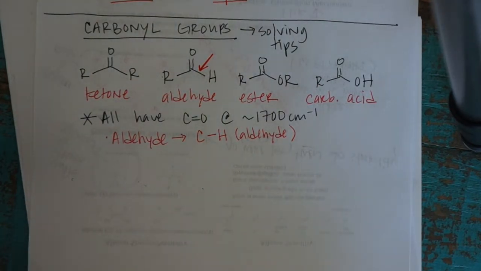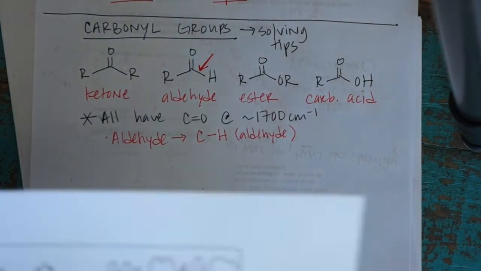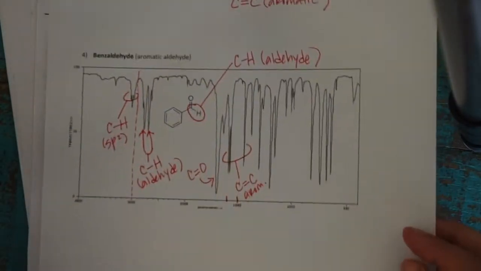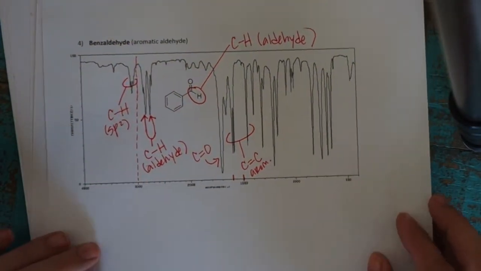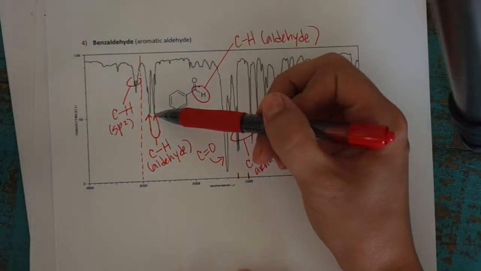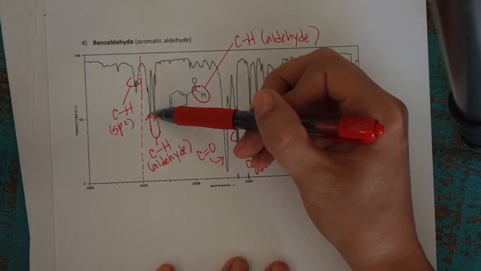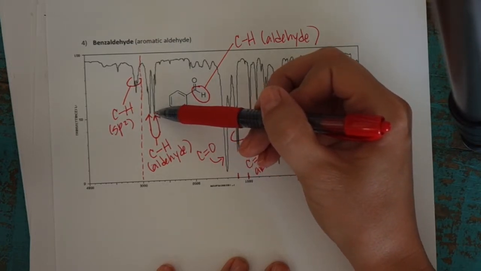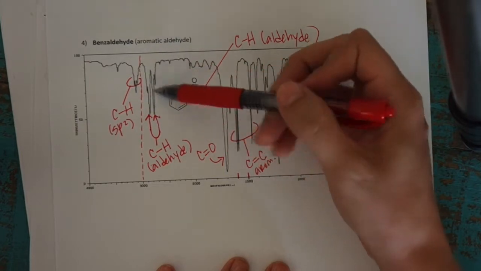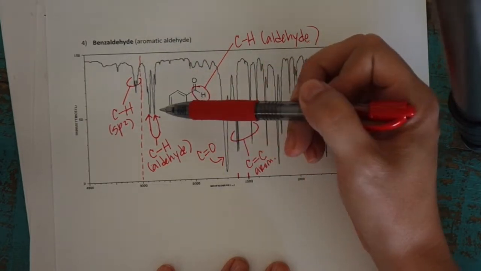Going back to our example, we had benzaldehyde as our aldehyde example. That's spectrum number 4 in our sample spectra. So we're talking about this guy. Again, that's a pair of peaks, as we talked about earlier, that show up around 2800 and around 2700. This one is nice and clean, sticking out from the rest of the CHs.